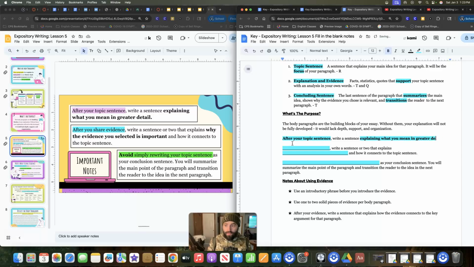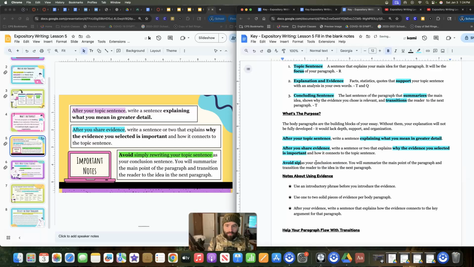You've already been doing this. You've already got this locked down. Okay. After you share evidence, write a sentence or 2 that explains why the evidence you selected is important. Right? Already been doing this.